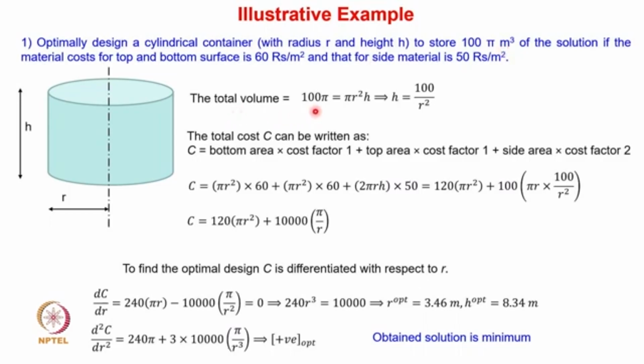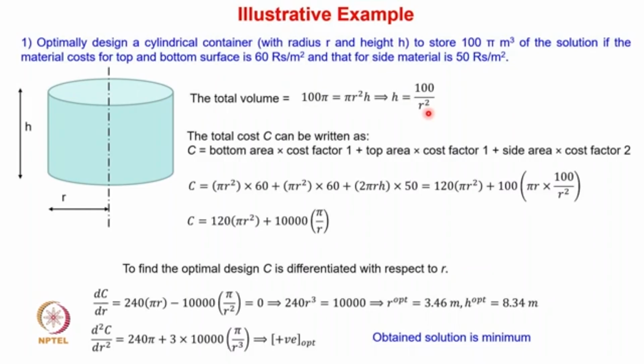So the total volume 100 pi is nothing but pi r square h, where r is the radius of the cylindrical container and h is the height. So we can write pi r square h equals 100 pi, and this pi will get cancelled out, so h equals 100 by r square.